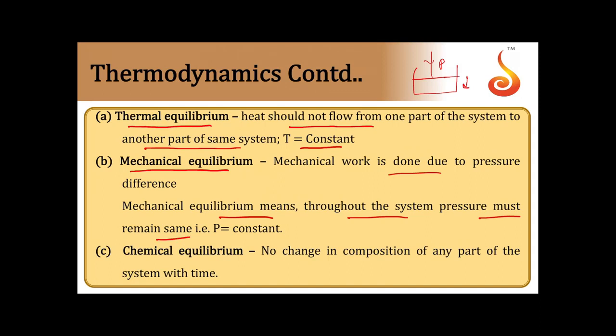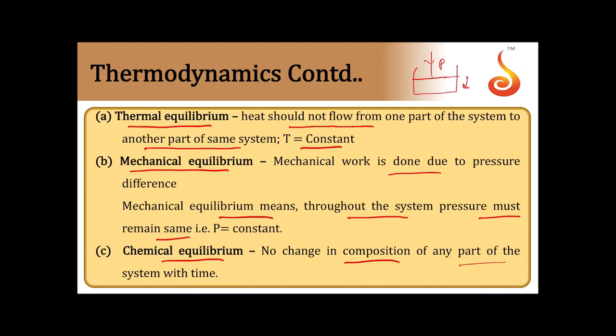When pressure is the same throughout, one part of a system does not do work on the other part of the system. That is mechanical equilibrium. Then comes chemical equilibrium. No change in the composition of any part of the system with time.